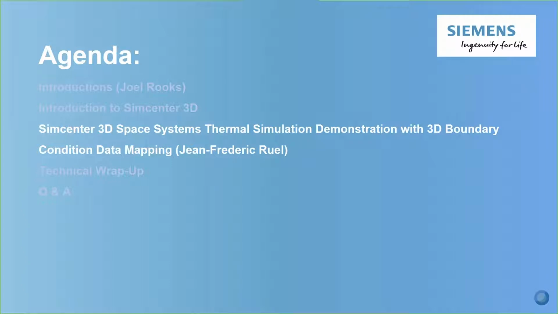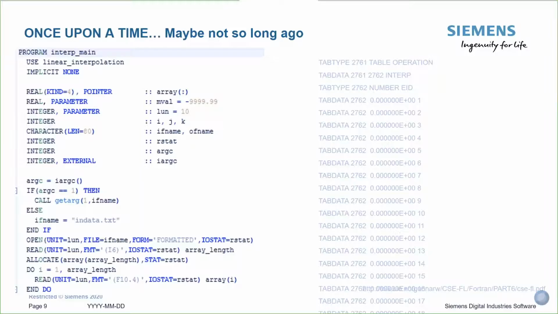Simcenter 3D Space Systems Thermal, but technically what we're going to show today is accessible to all the different solvers inside of Simcenter 3D. And so before we go to the software, let's take a little look in the past here. What you see on the slide here might be familiar to some of you.